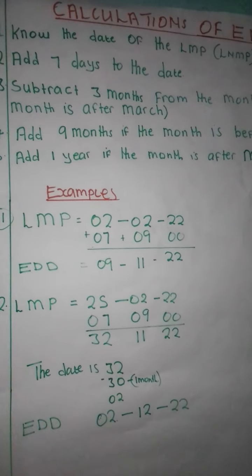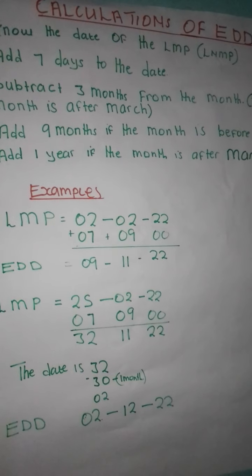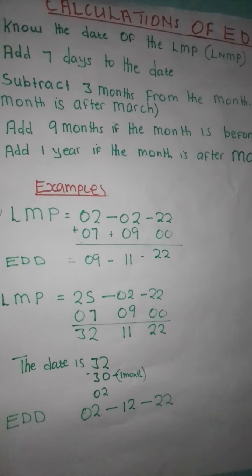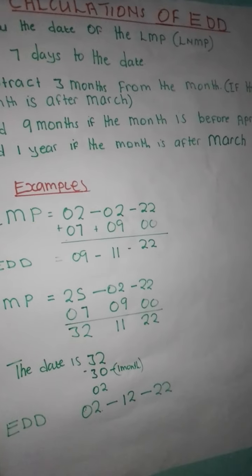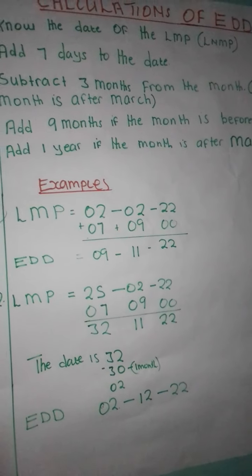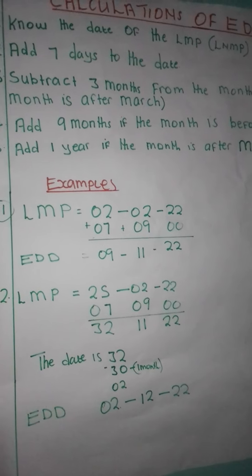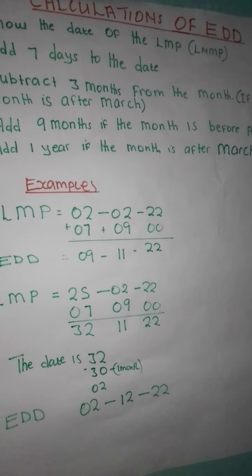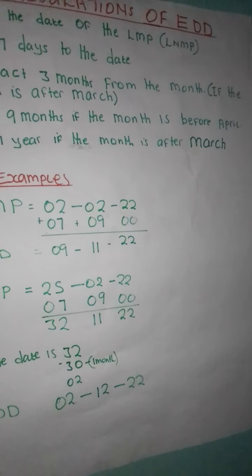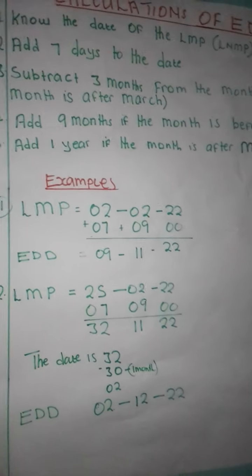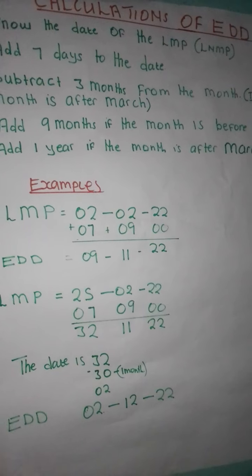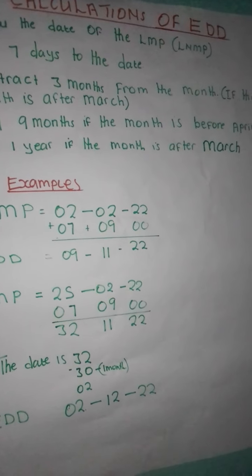Number three, you need to subtract 3 months from the month, that is if the month is after March. Then number four, you need to add 9 months if the month is before April. Then number five, you need to add 1 year if the month is after March.